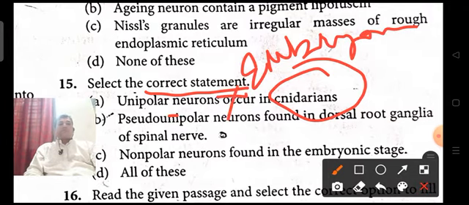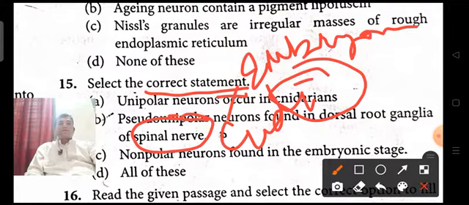Pseudo-unipolar neurons are found in the dorsal root ganglia of spinal nerve. Those are not found in the cnidarians.